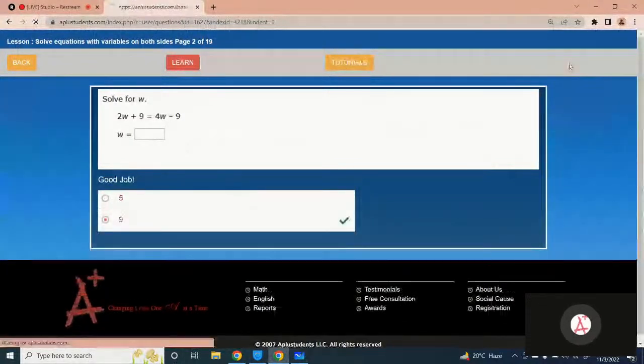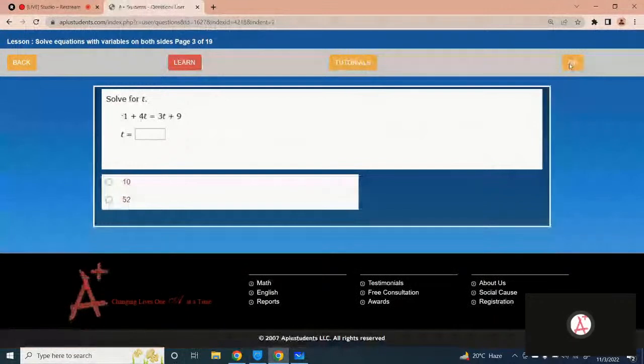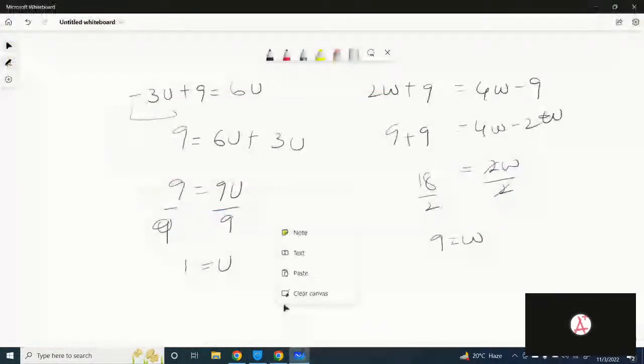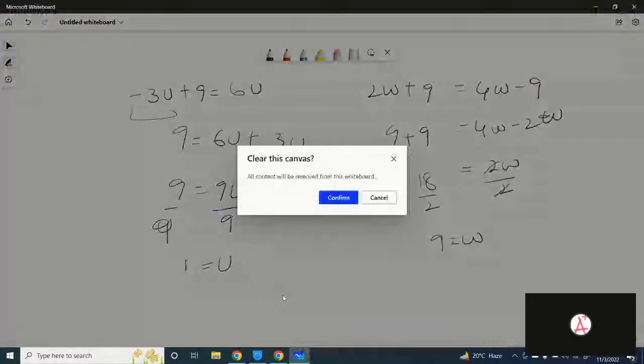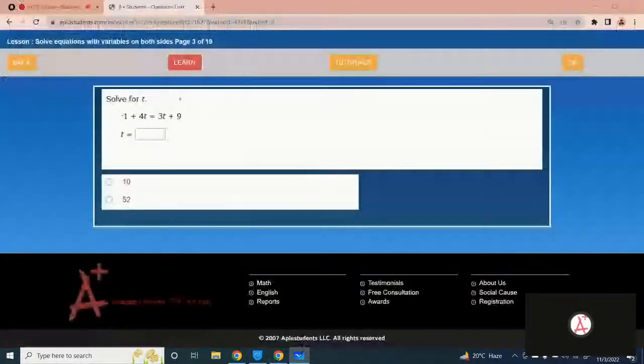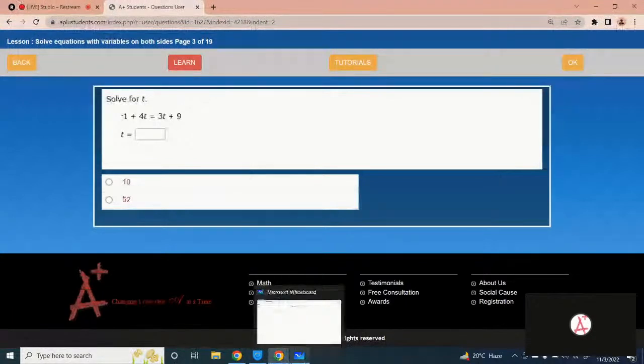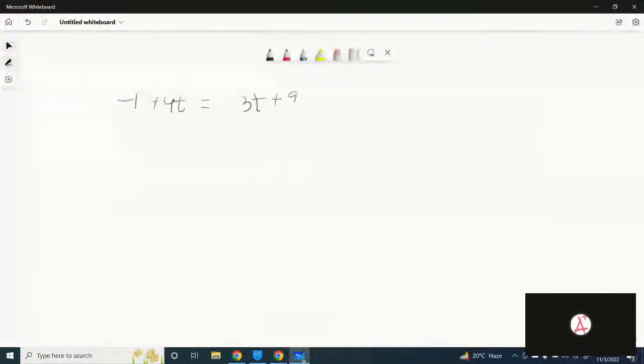Okay, the next one is negative 1 plus 4t equals 3t plus 9. Okay, collect the terms that have the variable t.